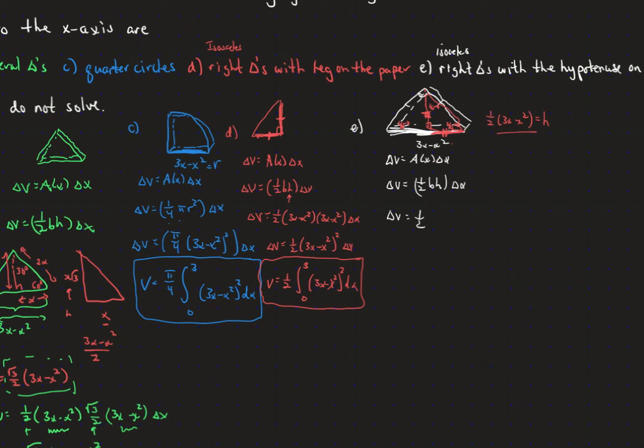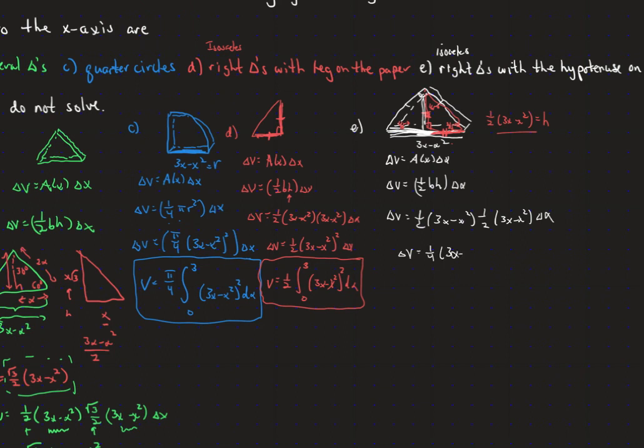So let's see if I can go back to the white. Our base is going to be that entire base across here. That's the 3x minus x squared. And our height, we said, is going to be 1/2 of 3x minus x squared. And there's our delta x. So that delta volume, we're going to get a constant of 1/4.